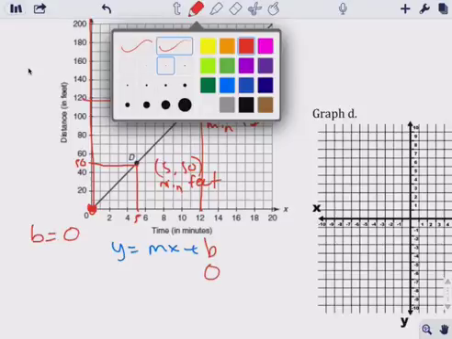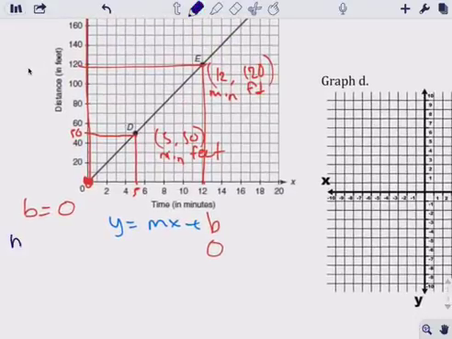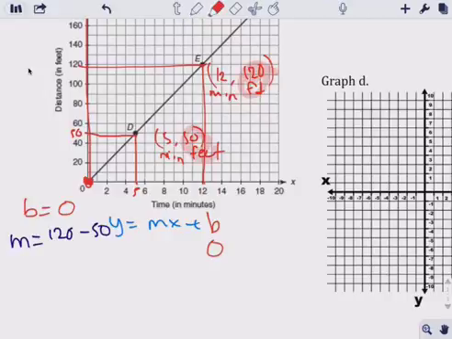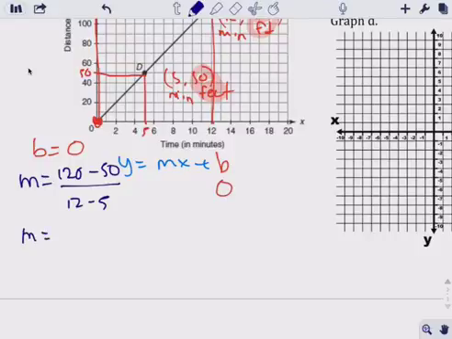So that gives you m equals 120 minus 50. Do the feet first. Over 12 minutes minus 5 minutes. So the slope is 70 over 7. So m equals 10.